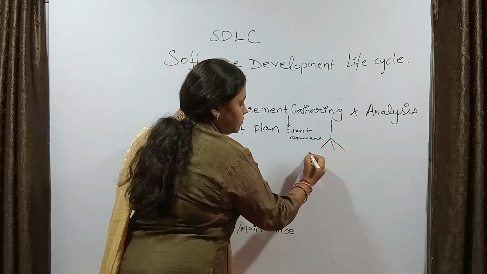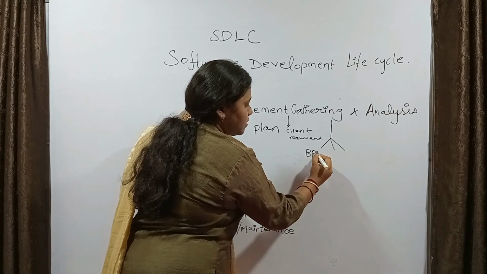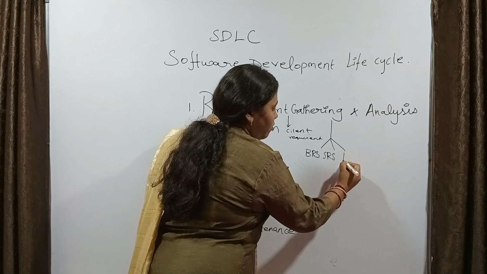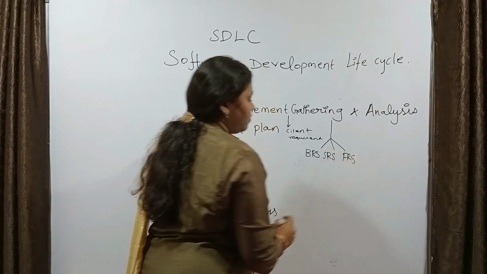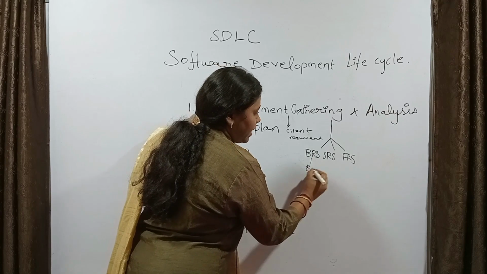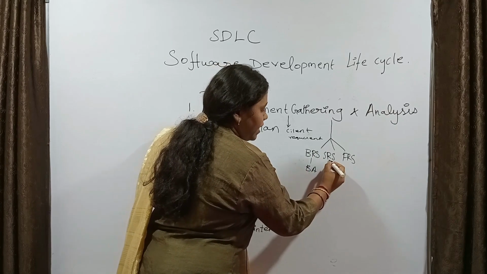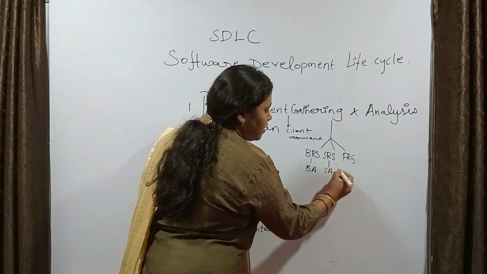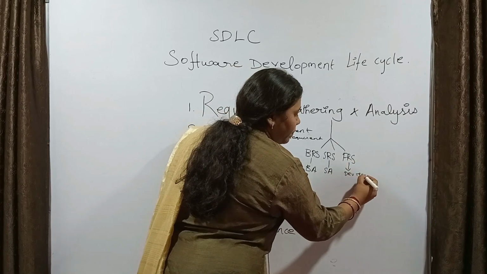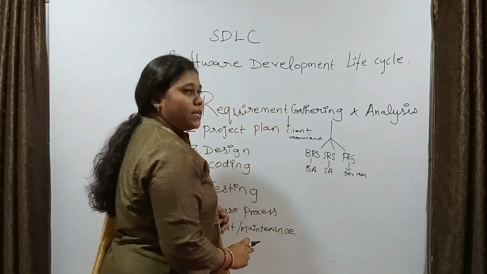We will gather three types of documentation here. One is BRS, another is SRS, another is FRS. The BRS is developed by the business analyst, the SRS by the system analyst, and the FRS by our development managers and development team. So what is BRS?